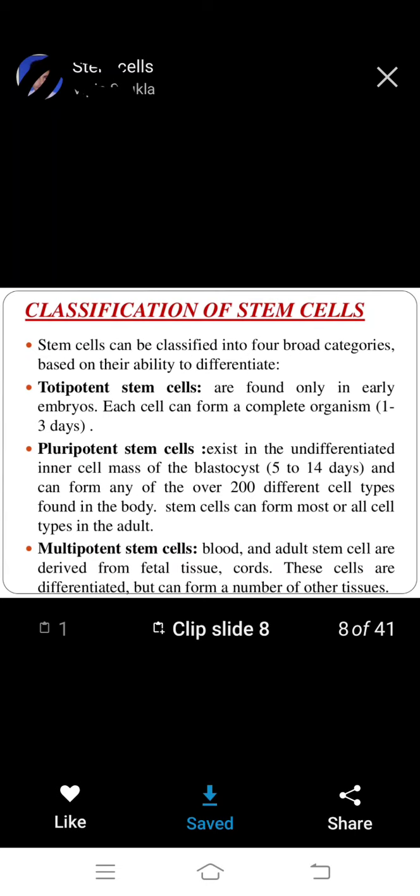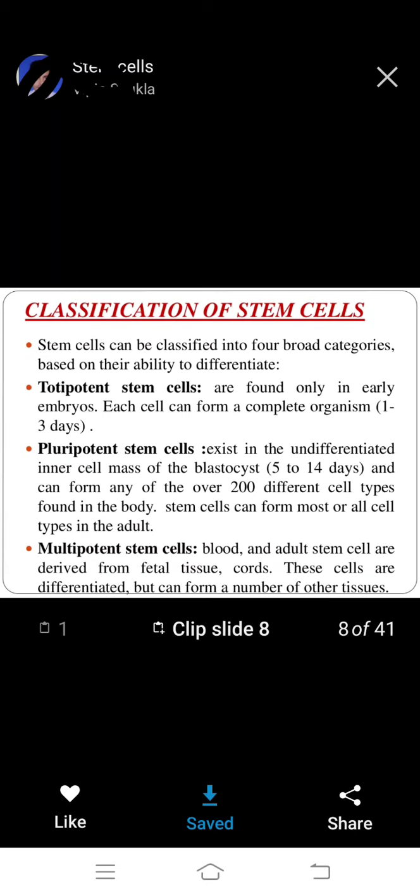Totipotent is only in the early embryo. Pluripotent cells are found in the undifferentiated inner cell mass of the blastocyst, two to fourteen days, and can form any of the over 200 different cell types found in the body.